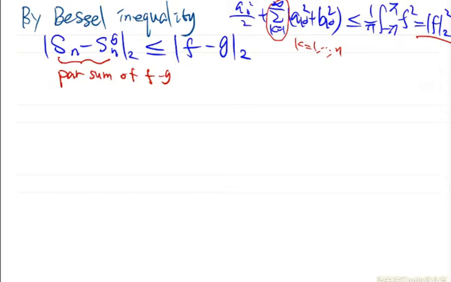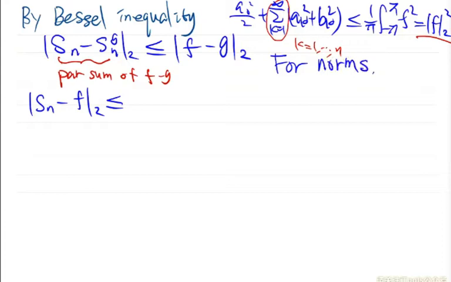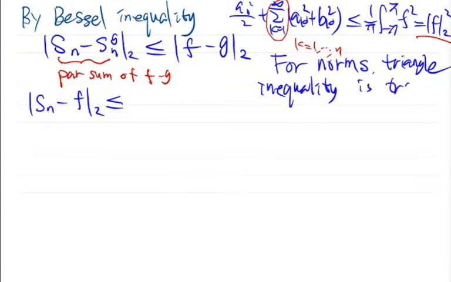So we have the L2 norm of Sn f minus f. By the triangle inequality, which is true for any kind of norm, no matter the L2 norm, the Euclidean norm in Rn, or the L infinity norm we use to describe uniform convergence, the triangle inequality remains true.